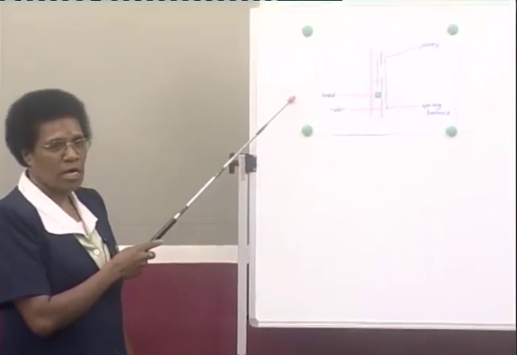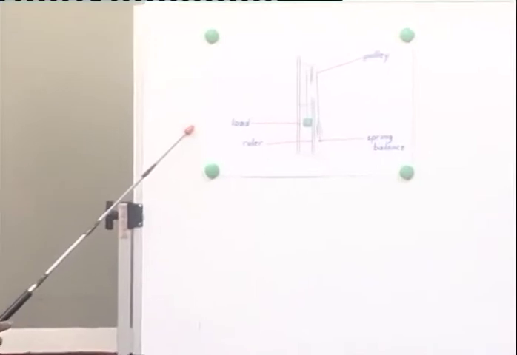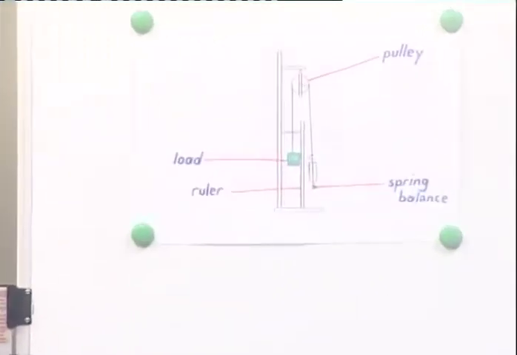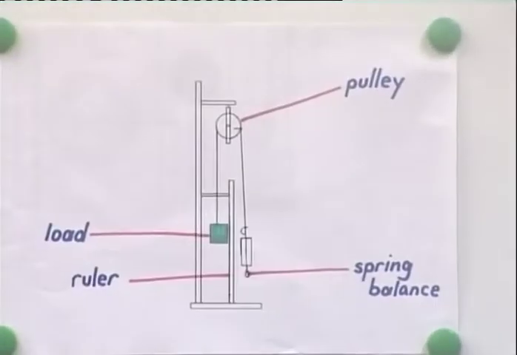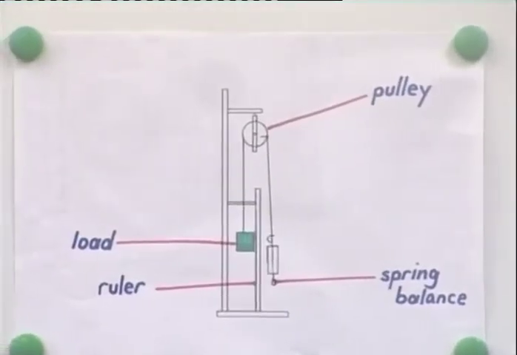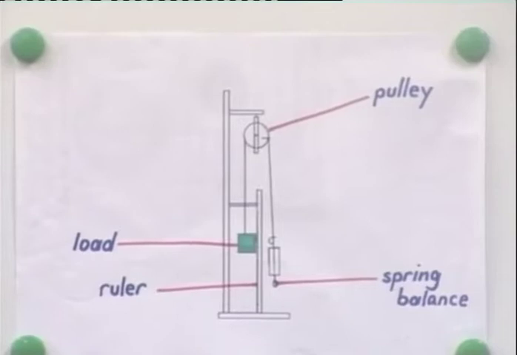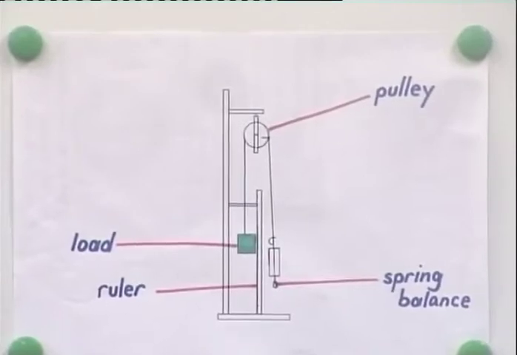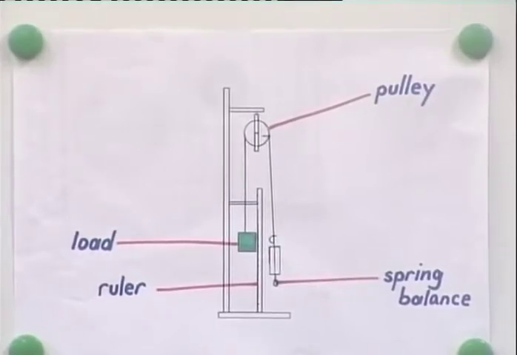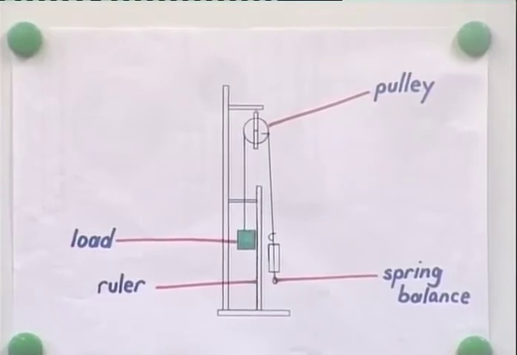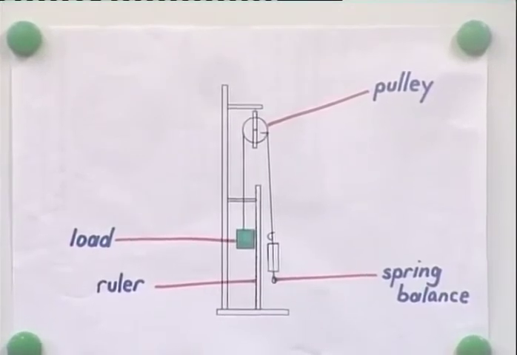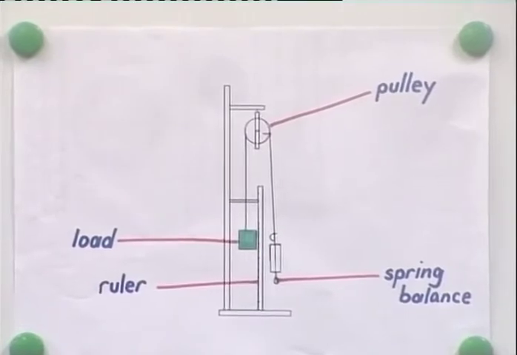The diagram should help you to get your apparatus set up. Now you are to put a mark on the retort stand 10 centimeters above the base of the stand.